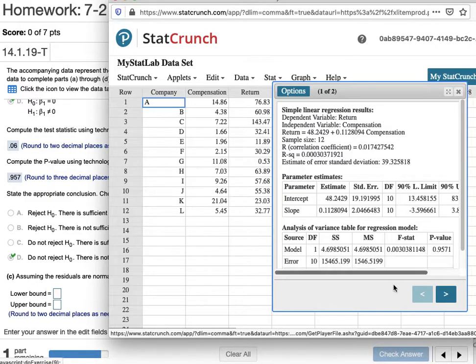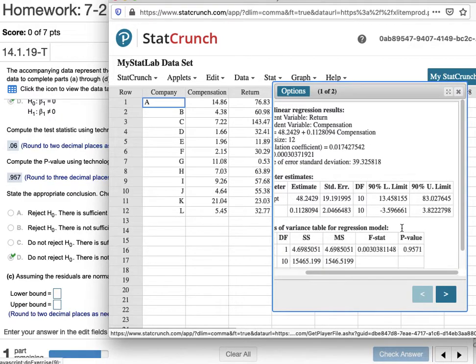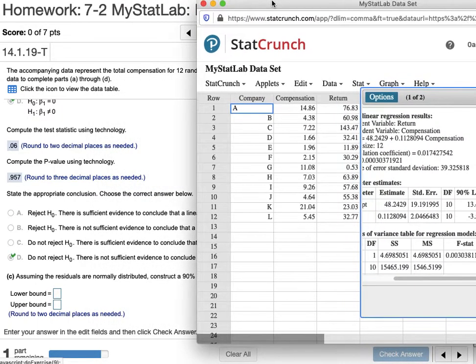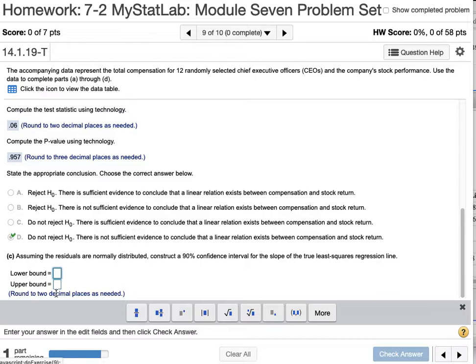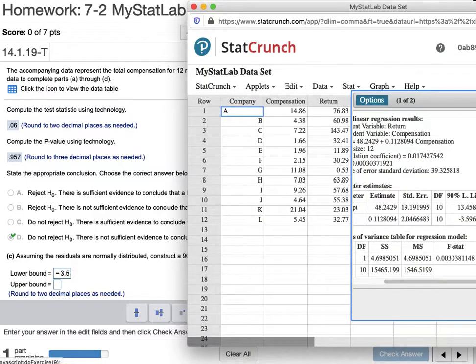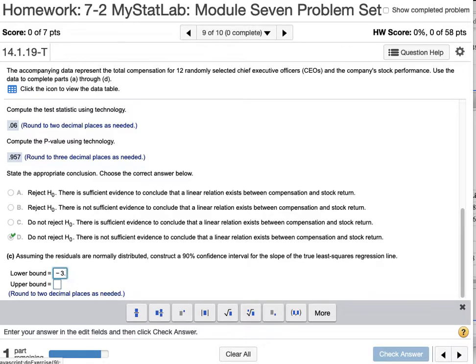And then the lower bound would be -3.56, to 2 decimals. We had to round that up.